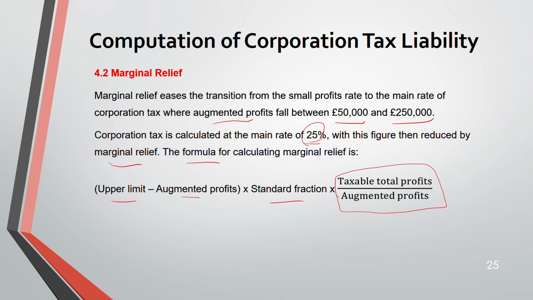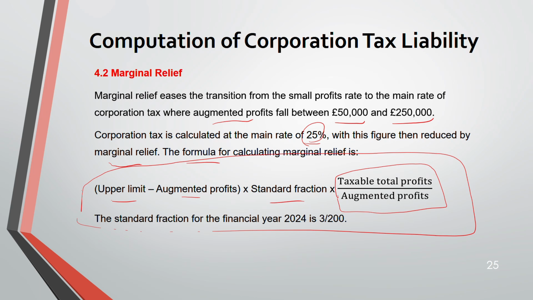Remember, if you have no dividend, then your TTP equals the augmented profit. Remember this formula. There are very high chances of the examiner giving you this marginal relief question.